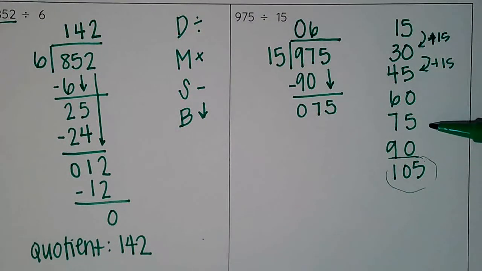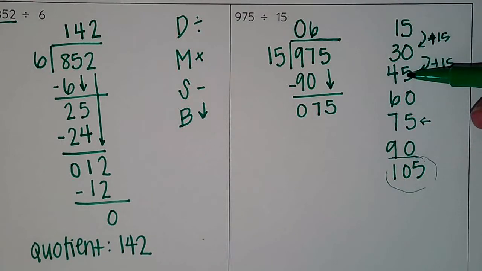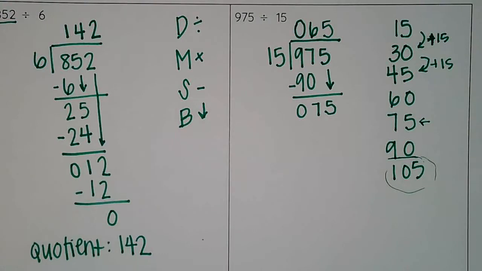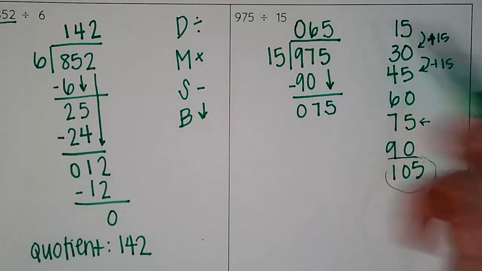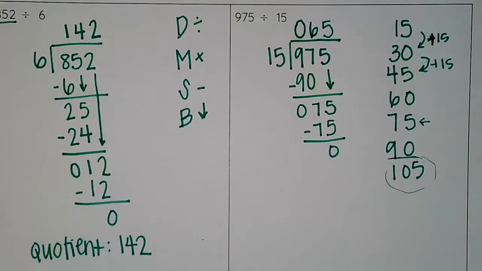So I go ahead and I see that I have 75 here. So I count 1, 2, 3, 4, 5. 15 goes into 75 5 times. Now I multiply 15 times 5, which gets me 75. And I can subtract. 75 minus 75 is 0.